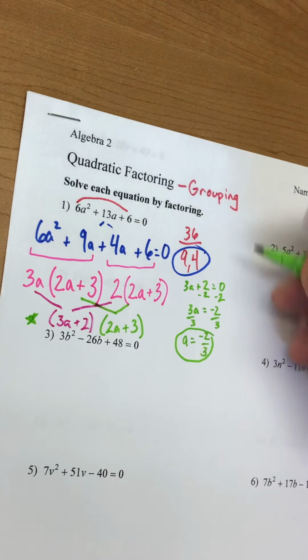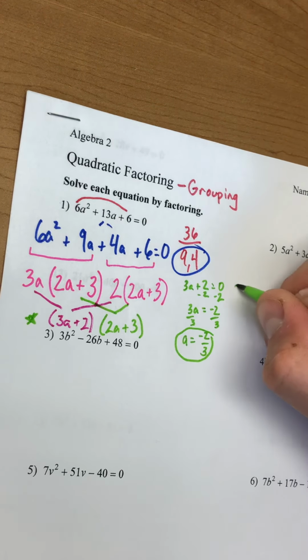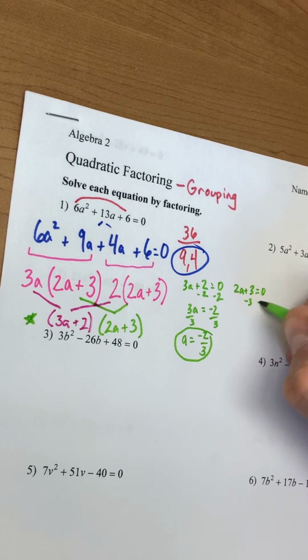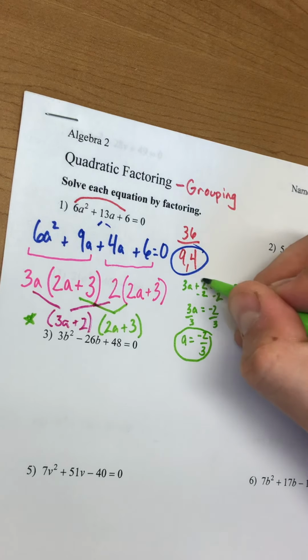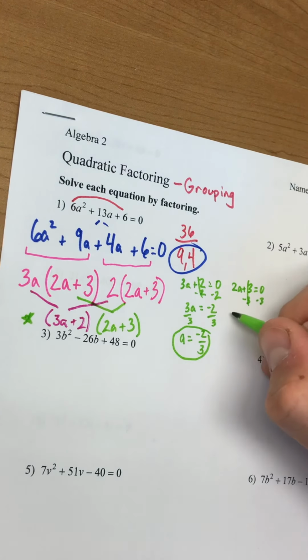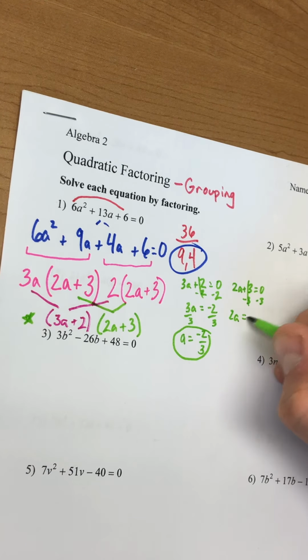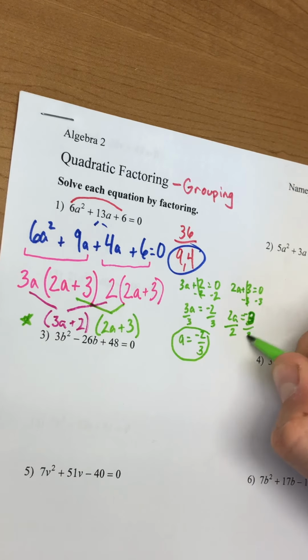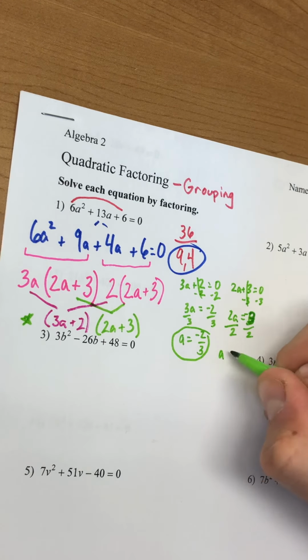Let's do my other one here. 2a plus 3 equals 0. Minus 3, oh, scratch that out. 2a equals negative 3. Whoa, that was a close one. I haven't eaten my Wheaties yet. Now, let's divide this by 2, and I get a equals negative 3/2.